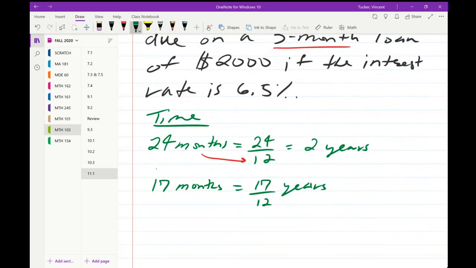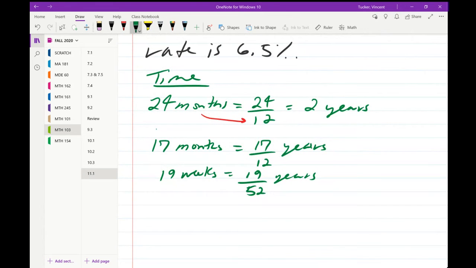If I had weeks, 19 weeks, I would put that 19 over 52 because there are 52 weeks in the year. And if I had, let's say, 137 days, see if they hold you guys to banker's rule. We know there's 365 days in a year, but actually we would use 360.